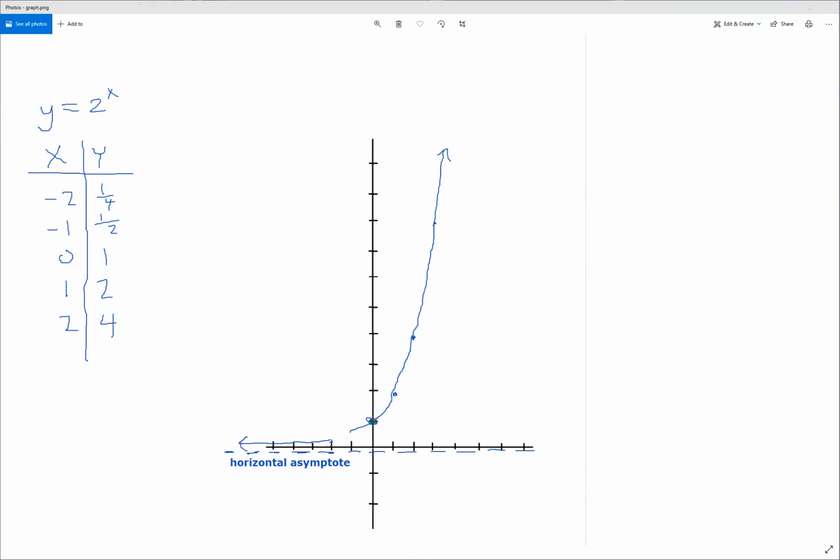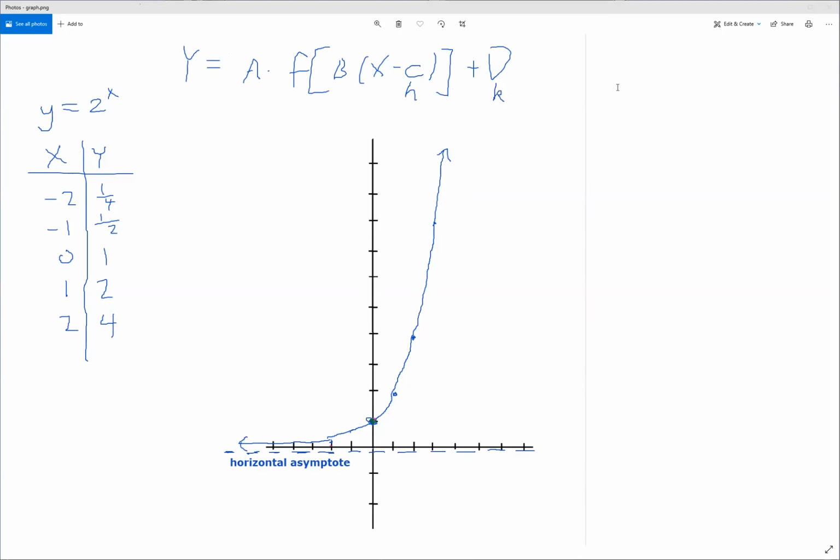In general, when we deal with graph transformations, we say y equals a times f of b times x minus c, plus d. And sometimes teachers will use h and k here instead.